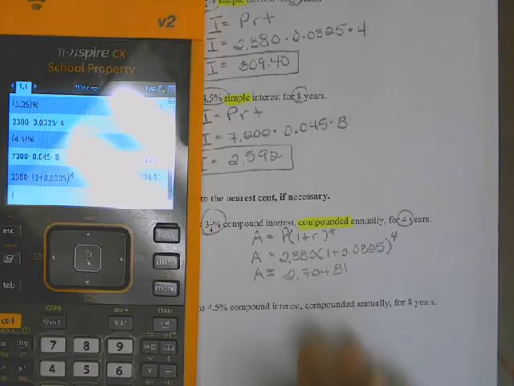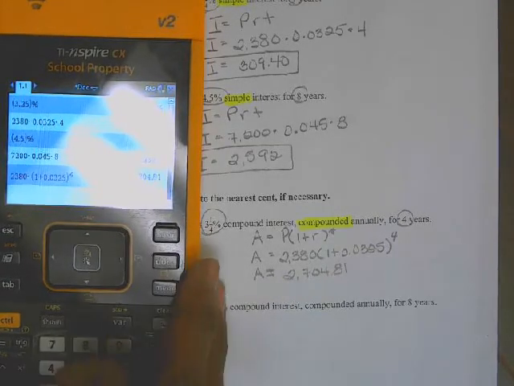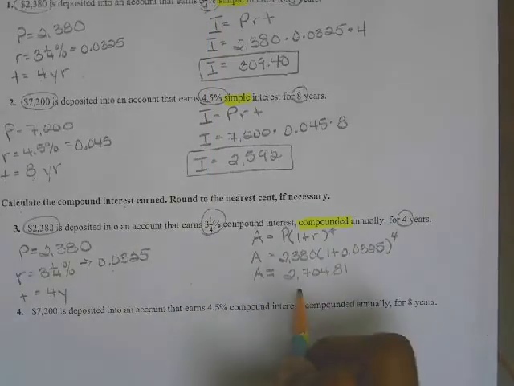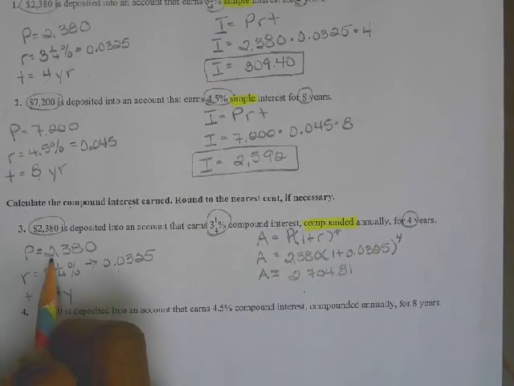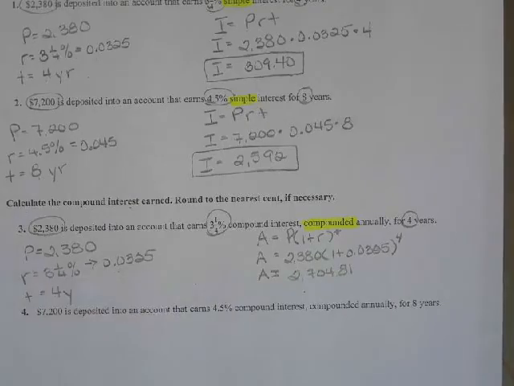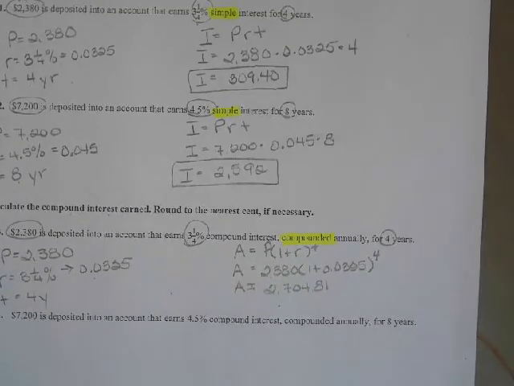This is telling me what my account balance is. I'm trying to figure out just what's the interest. So what I need to do now is go back and subtract what that beginning amount was, that initial amount, so I can figure out, well, how much interest is it that I gained?